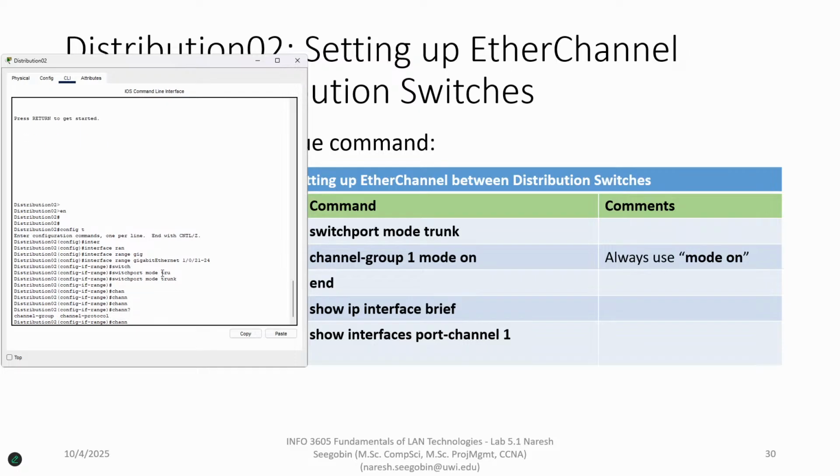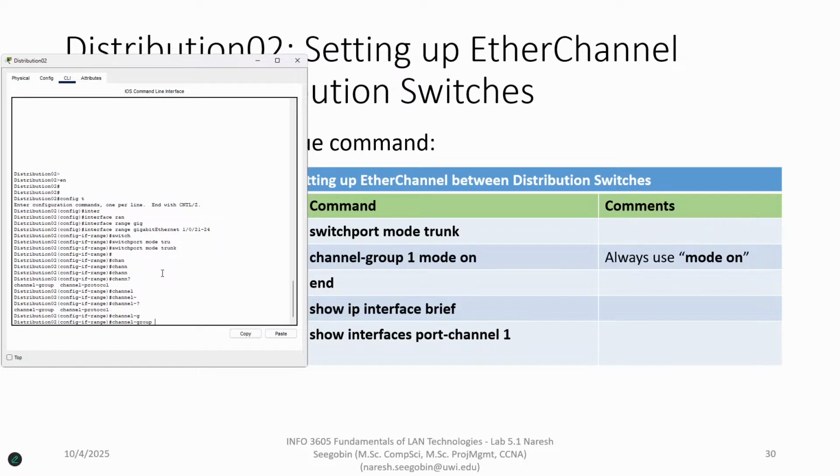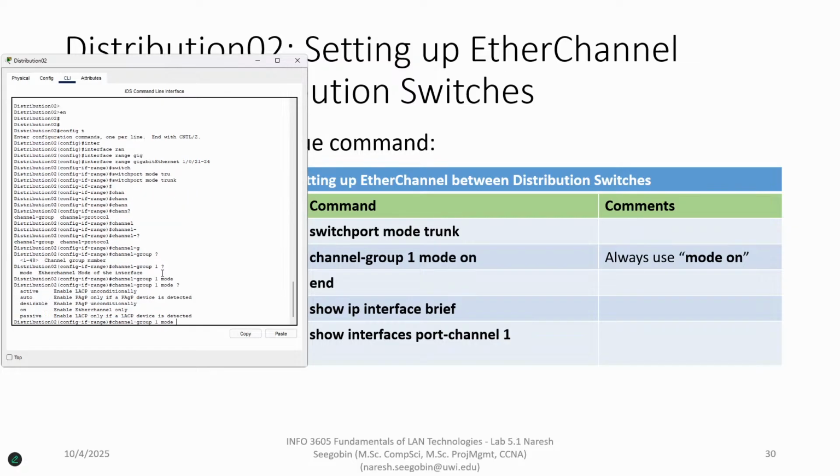It's weird, see, when I type channel and press tab, it's not filling out, but if I do a question mark, it shows. Everything is not filling because there are 2 possibilities. So it's channel group, now it'll fill. Now, this is interesting. Channel group 1 on the second switch, you don't even have to use the number 1. You can use another number.